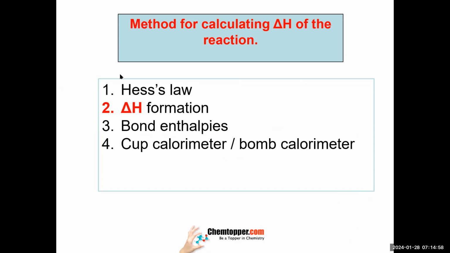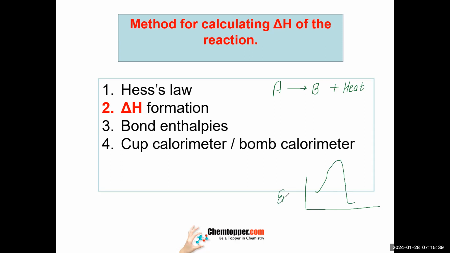So, method for the calculation of delta H of the reaction. First of all, let's see the meaning of delta H of the reaction. If there is a reaction A to B and here is the heat, then it means the reaction is exothermic. The energy profile is like this.